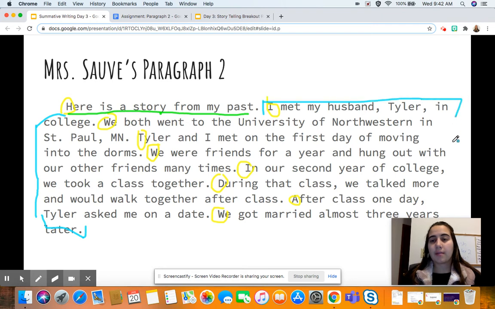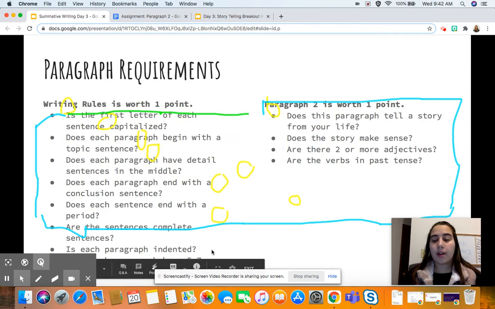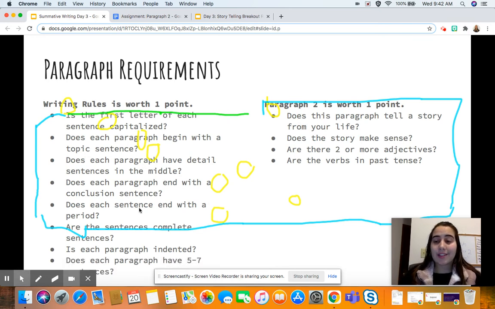And that's the problem, right? I just end by saying, we got married 3 years later. But that doesn't really wrap up the paragraph very well. So that's something I should do better at, and I would have to go back and fix. The whole point of checking with these questions is if you say no, you need to go back and fix it. So this is something I didn't do, and so it's something I should go back and fix.